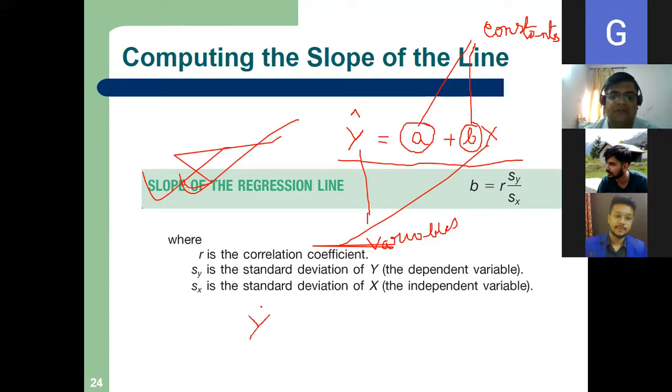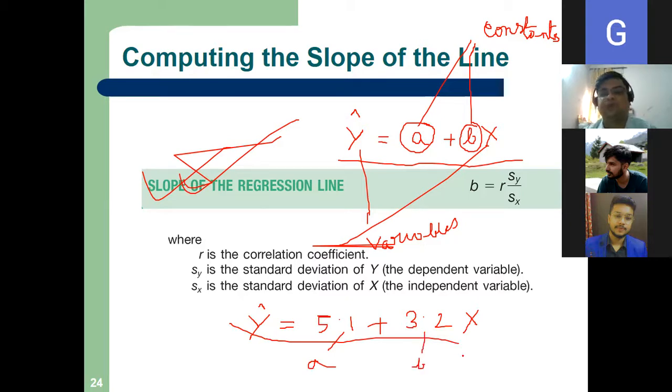Suppose y hat is equal to 5.1 plus 3.2 into x. So this equation is a regression equation where my A is 5.1 and my B is 3.2.